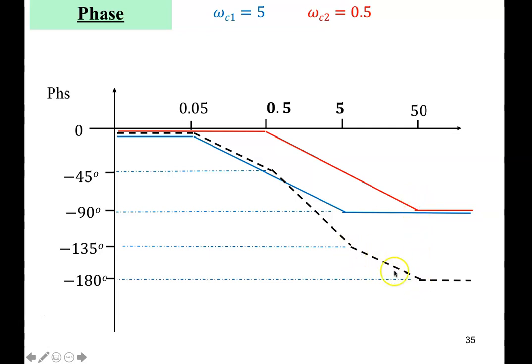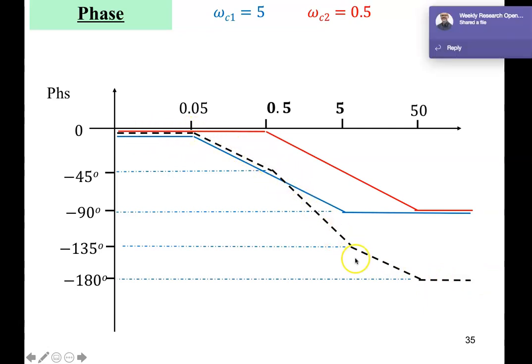So I'm going to connect that up. Anything beyond 50 radians per second, red remains constant at minus 90, blue remains constant at minus 90. So that will give me a constant minus 180 all the time. So that dashed black line is the phase plot of G1 times G2.